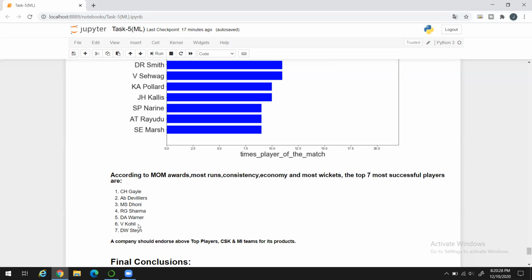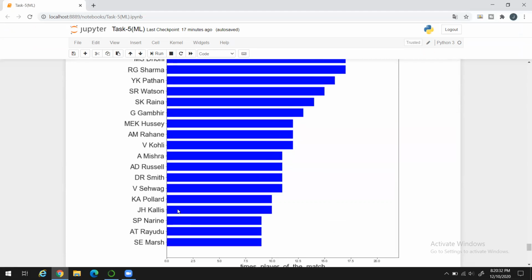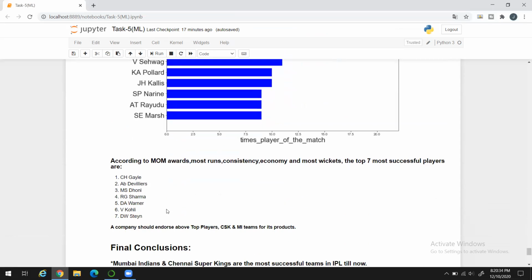Next, 6 and 7 are not the persons who are there in the MOM awards, because as you can see, MOM is not the only criteria which I am considering, because most runs also come in, and consistency also matters. So Virat Kohli has the most amount of runs more than any other player in the history of IPL.